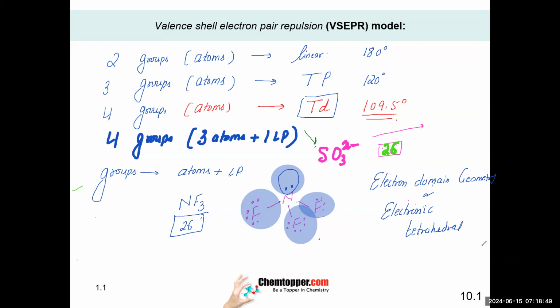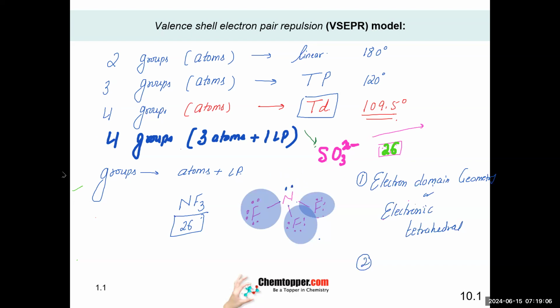Mayank, you are telling me, this is one type of geometry, 4 groups, tetrahedral you can see. But the second is because one of the bonds is missing. This one is missing.